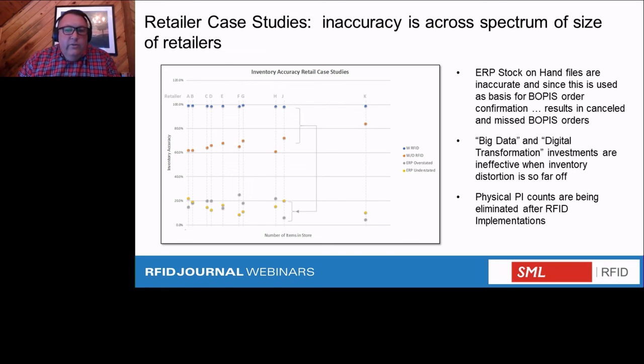The blue dots is where they got to with RFID, and the delta between those two represent the overstatement and understatement of inventory down at the bottom in the yellow and the gray. And what this means is that lots of problem with executing BOPIS because your uncertainty is so large, and it's usually worse than normal because the items that tend to have the biggest inventory distortion tend to be the most popular items in the store as well through the studies that we've done.